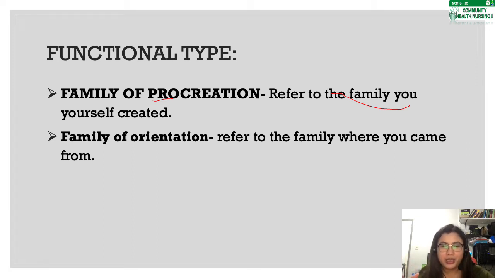The family of orientation refers to the family where you came from, like my parents and my siblings. That is the family of orientation, where I came from.